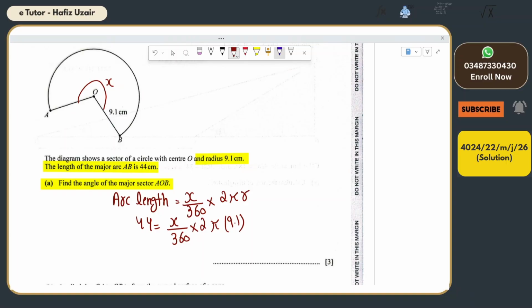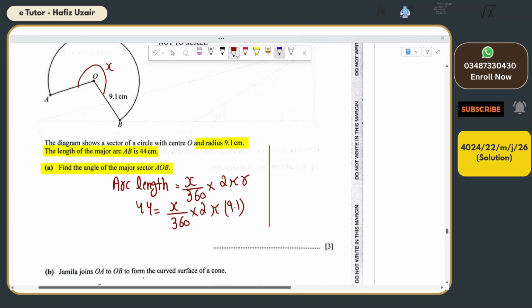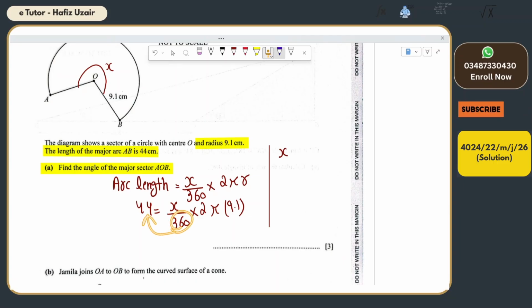Now let's put all values on the other side so that we can directly put it on the calculator. This 360 is dividing over here, so it will get multiplied. So you'll have x equals 44 multiplied by 360 over 2 pi into 9.1.